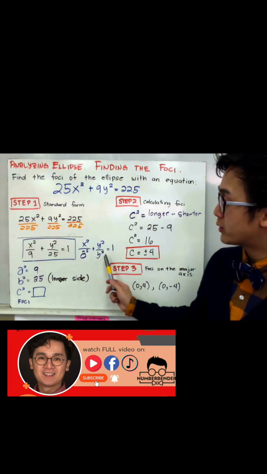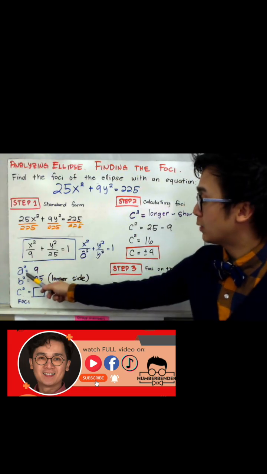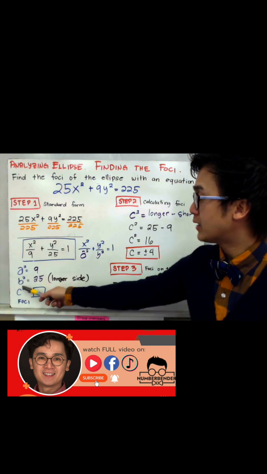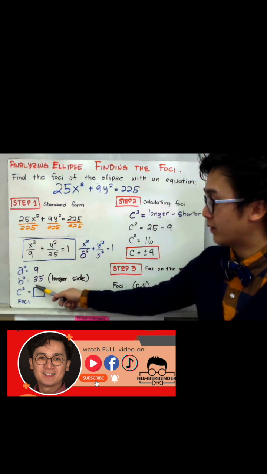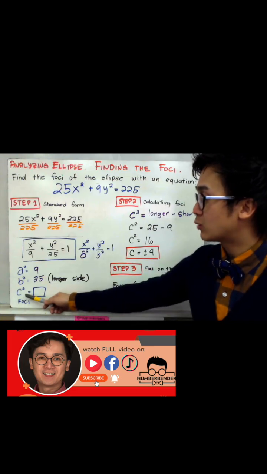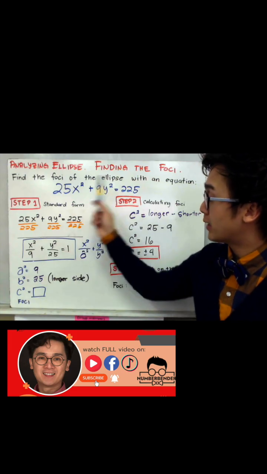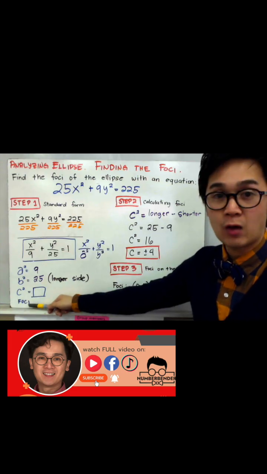If we organize our parts right here, a squared will be equal to 9 and b squared will be equal to 25, which is your longer side in your ellipse if you're going to graph it. Now, c squared is what we're going to find in this particular equation of an ellipse, and c is basically related to our foci.